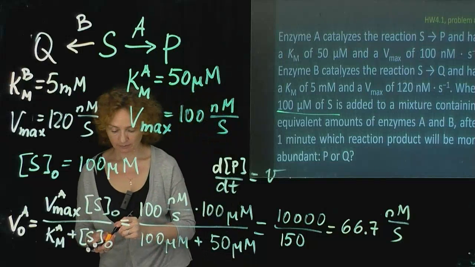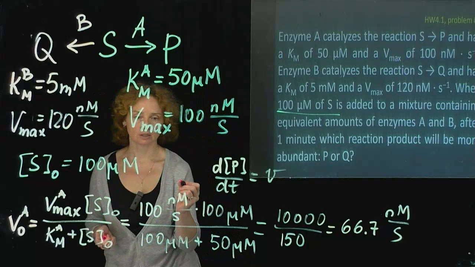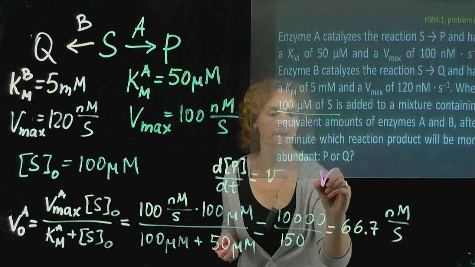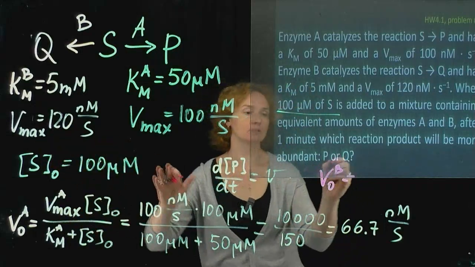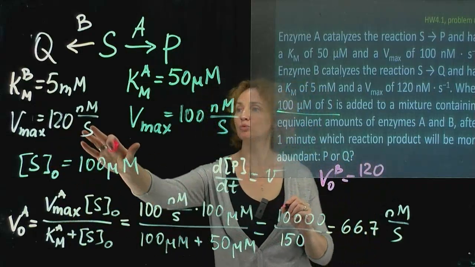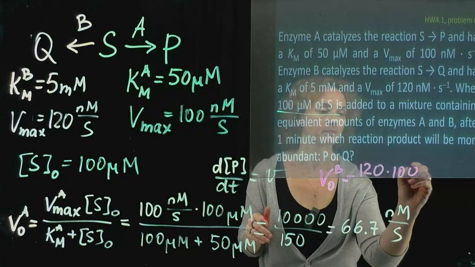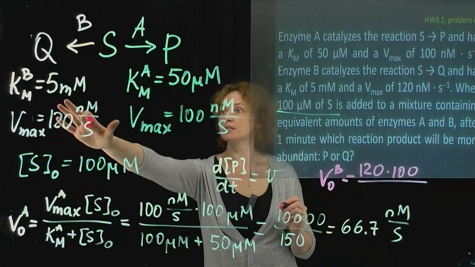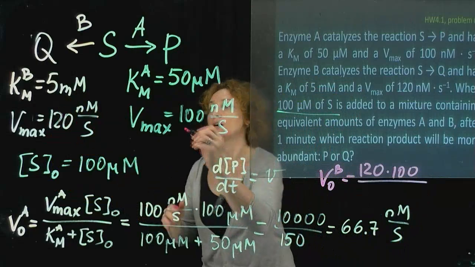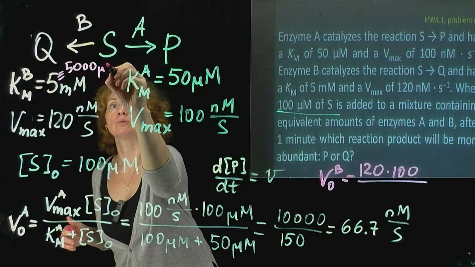So for B, the maximum rate is 120 nanomolar over second. The substrate concentration is the same, right? But the Km is 5 millimolar, which is the same as 5,000 micromolar, right?